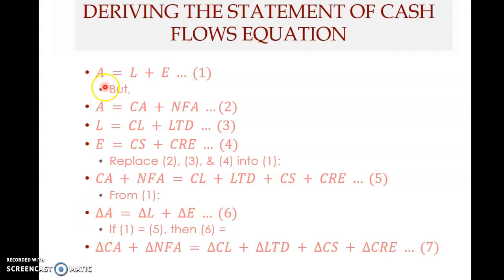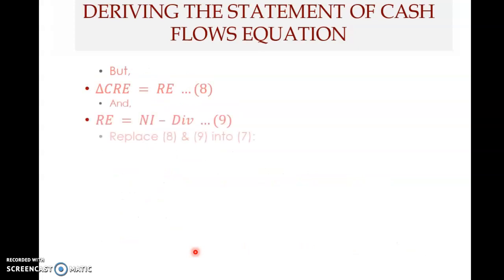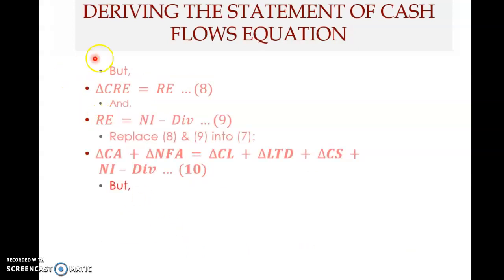Therefore, since equation 1 equals equation 5, where we have expanded 1 to 5, we can expand equation 6 to equation 7. It's basically this equation, but we have this delta, the change in current assets, change in net fixed assets, and so on. That's what we have done.